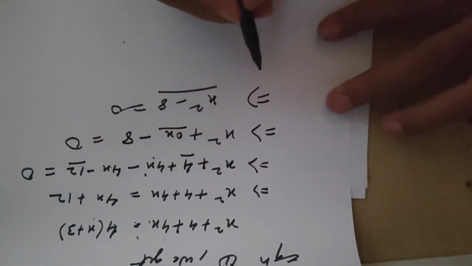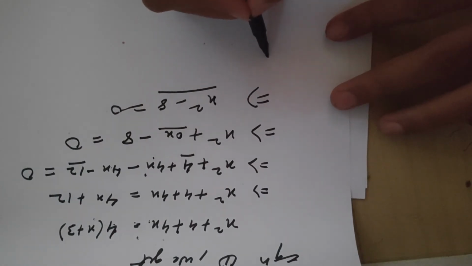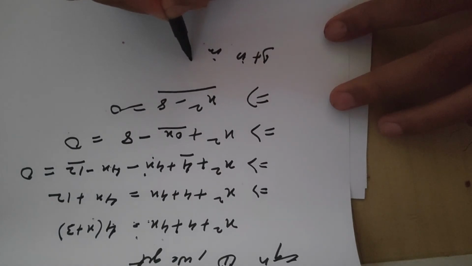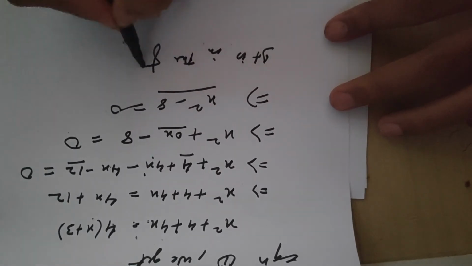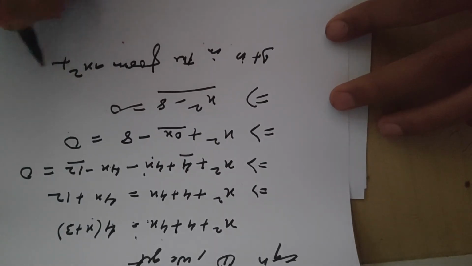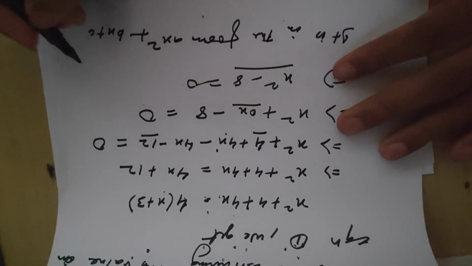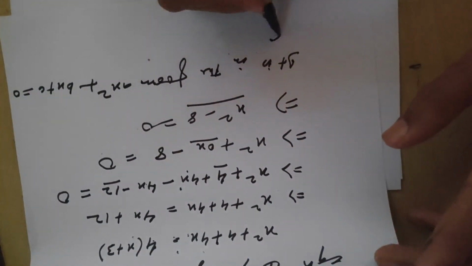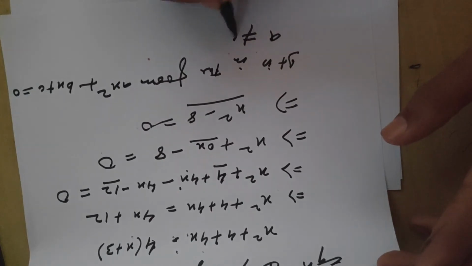So we can write at the end, yes, it is in the form ax squared plus bx plus c equal to 0, and a does not equal 0.